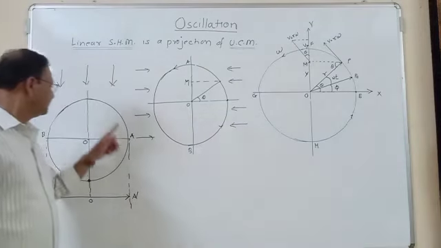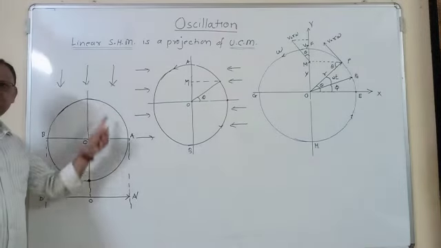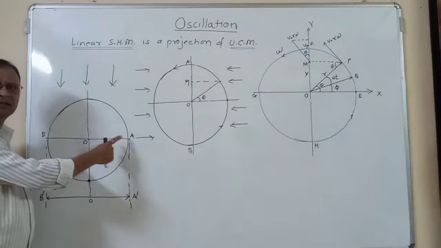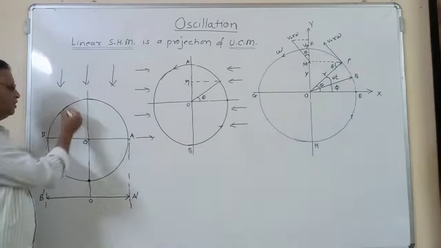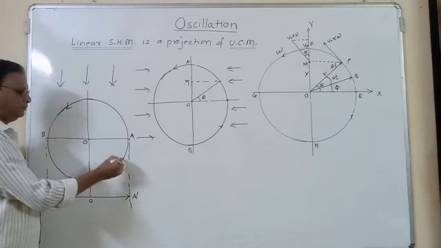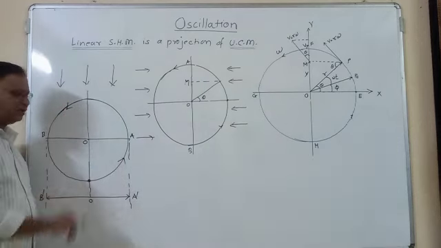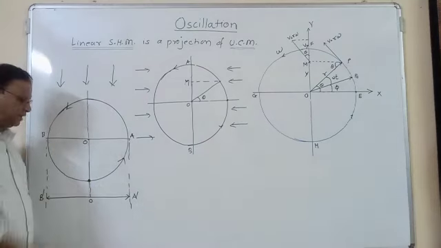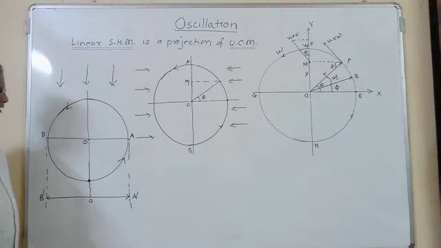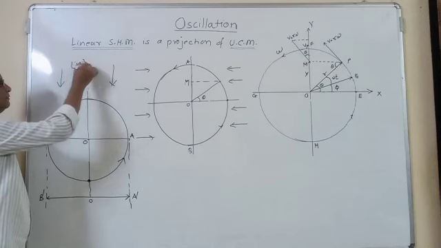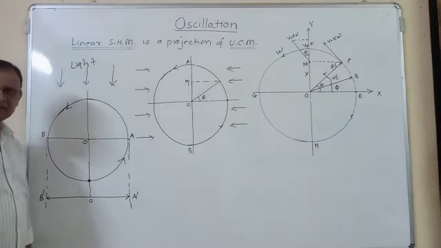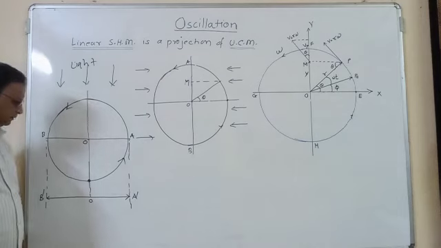Here, this is the circular path. The particle is performing circular motion along the circumference of the circle in the anticlockwise sense. Suppose this is the light, for example sunlight.